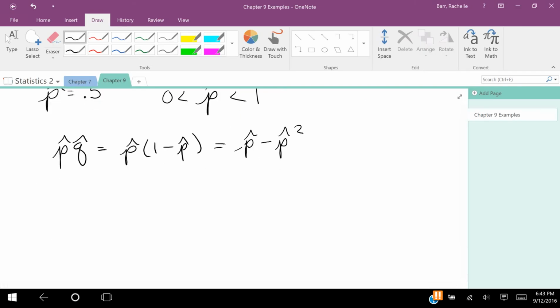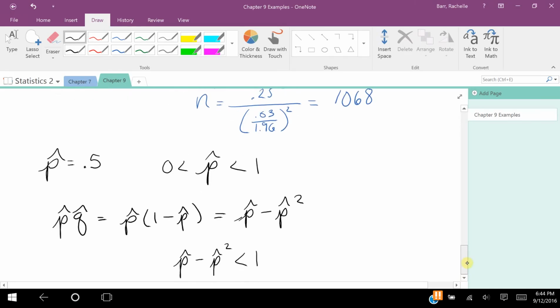Since I'm looking for the worst case scenario, I'm looking for the maximum. In order to do that, I'm going to maximize the upper end point, because maximizing off of 0 is just going to give you where it crosses the axis, or where it's going to be 0. So I'm going to look at p hat minus p hat squared less than 1. Now I'm just going to rearrange things so that I can do the quadratic formula on this, or in my case, complete the square, because I'm that type of person.